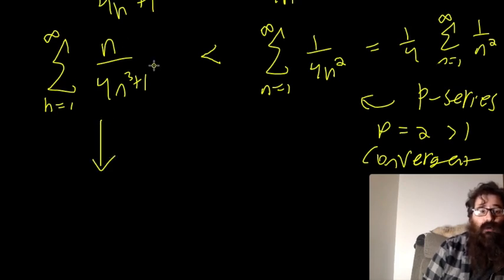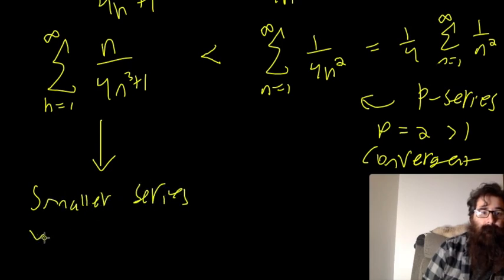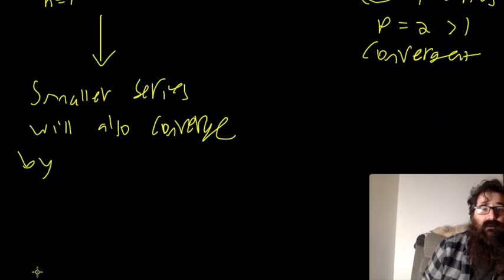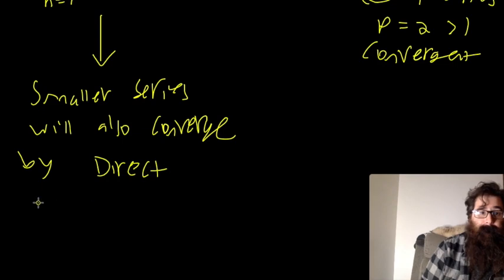So the smaller series will also converge, and that's by the direct comparison test. Give a shout out to the test you're using: by direct comparison test.